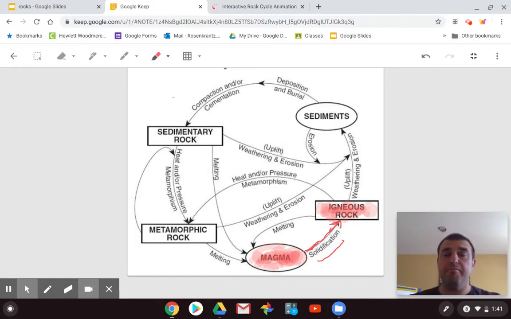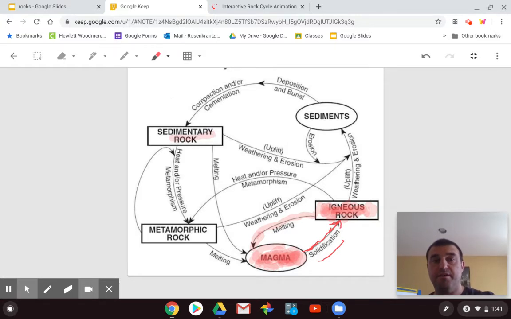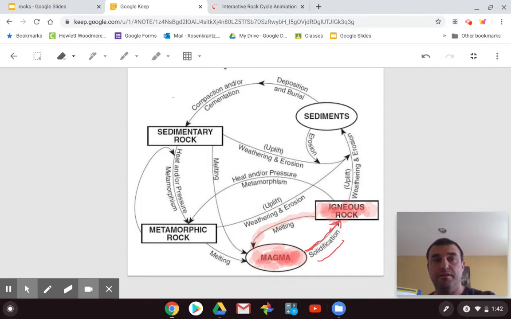Now, how do we get magma? If a rock was to melt. So if igneous rocks melt, you get magma. But let's say you had, use a different color, let's say you had a sedimentary rock. If that rock melts, you also get magma.